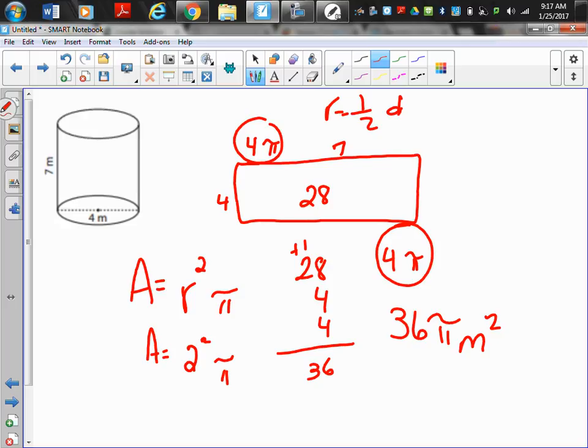Well, use your calculator and punch it in. 36 times 3.14. 113.04. Very good. So it'd be 113.04 m squared.